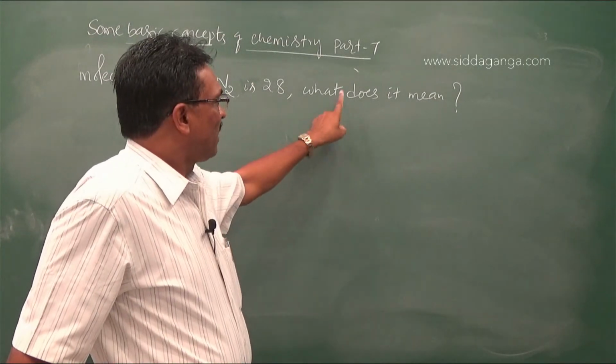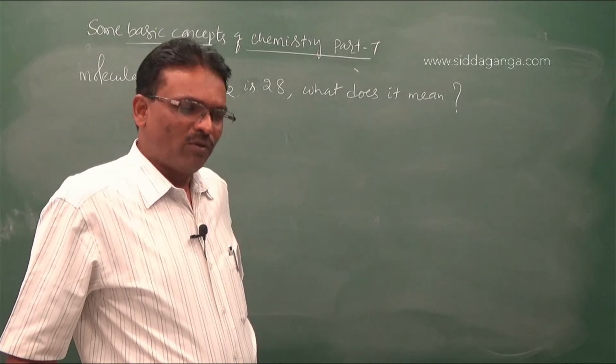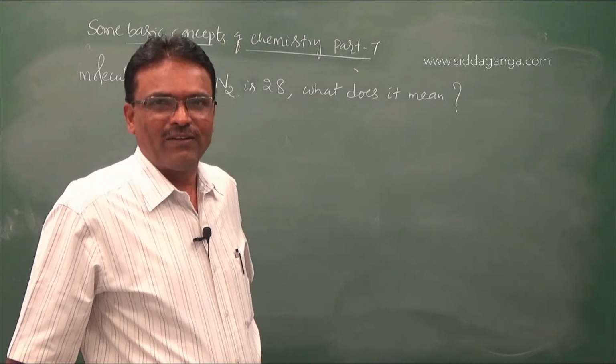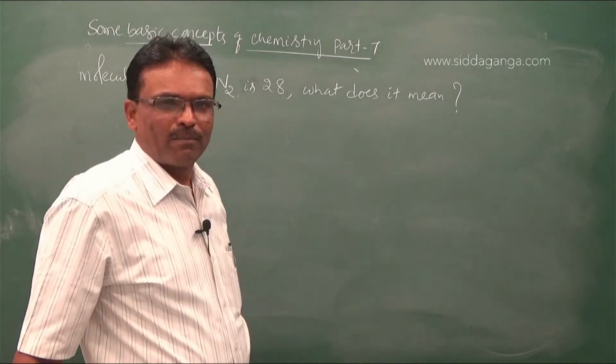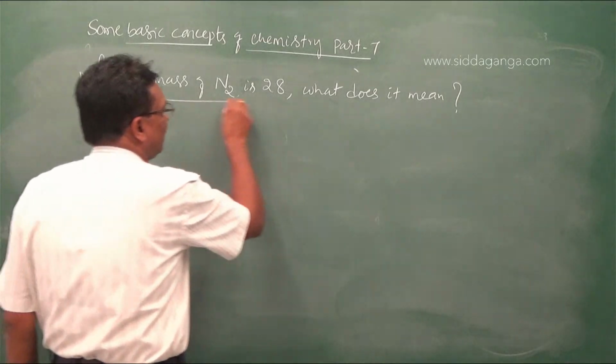Average mass of one molecule of nitrogen is 28 times greater than 1/12 of the mass of one atom of carbon 12 isotope. Clear?